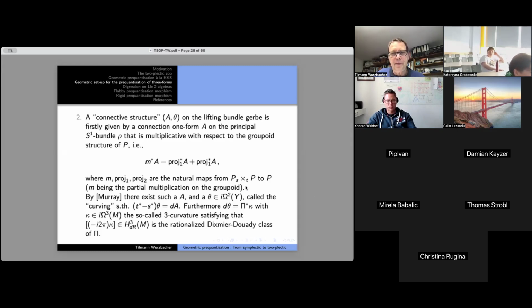And I have the map m, the partial multiplication, defined to P. And I have the two projections. Oh, there's a typo, I'm sorry. The second one should be a 2. Sorry. And the relation is that the pullback with respect to multiplication is the sum of the two forms.